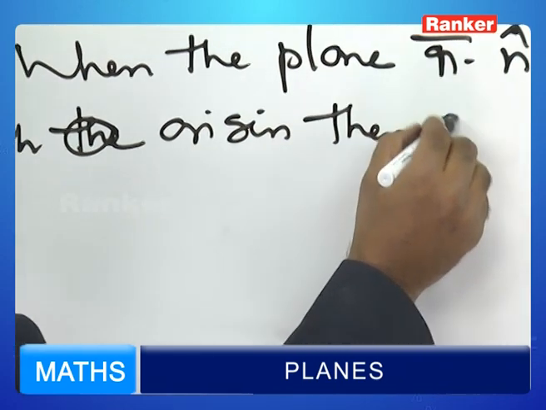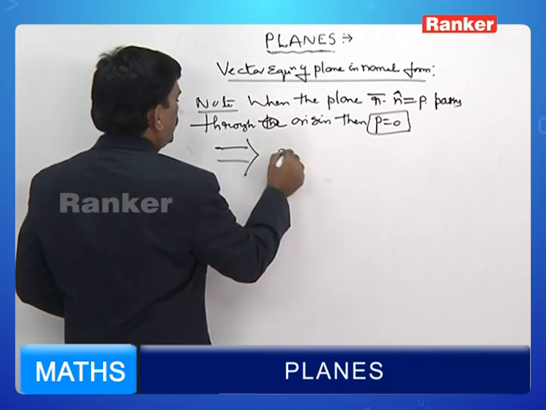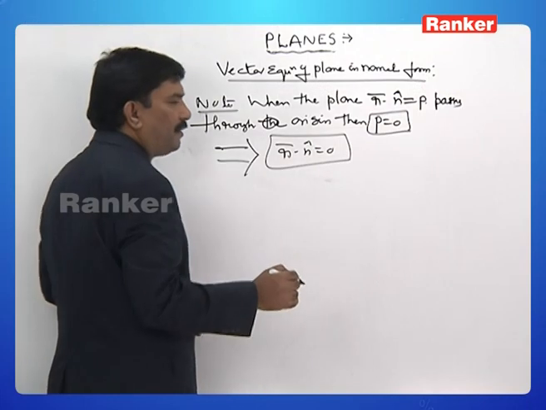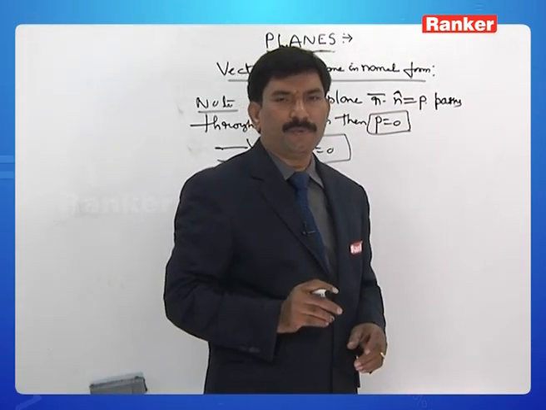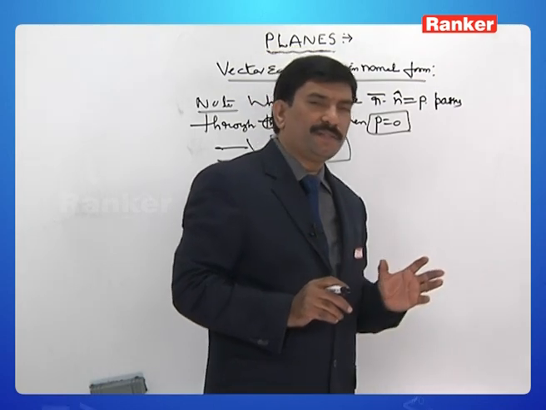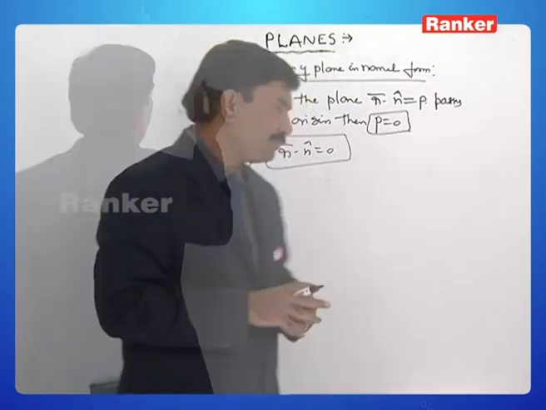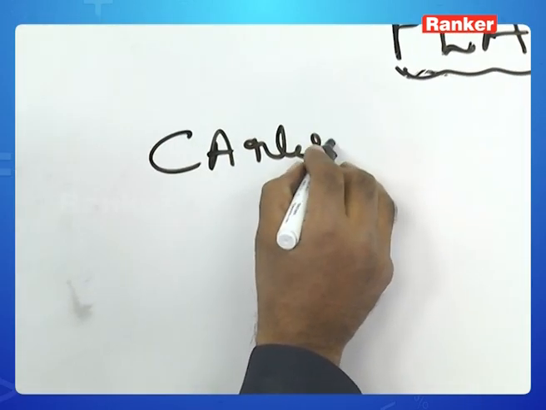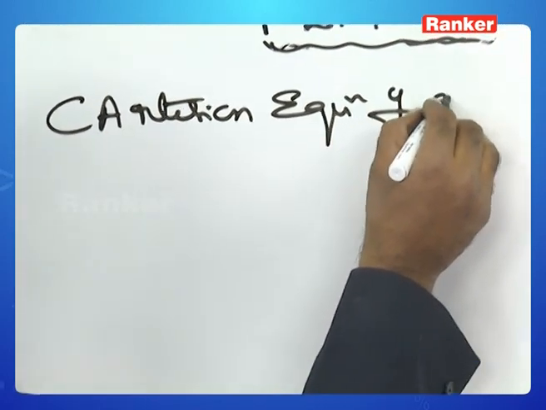Then p is equal to 0, which implies the vector equation of a plane is r bar dot n cap is equal to 0. With this, we can find out the Cartesian equation of a plane.